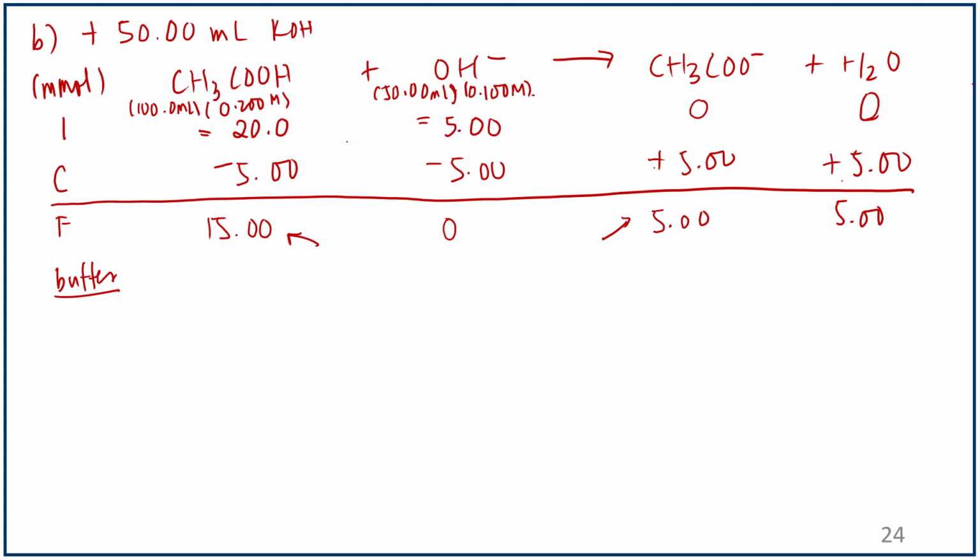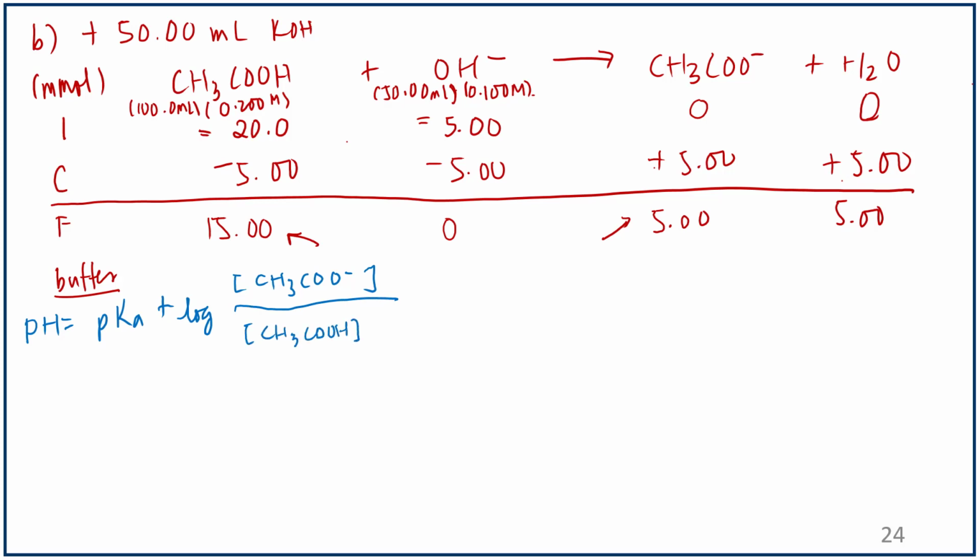Remember that the form of the Henderson-Hasselbalch equation we're using is pH is equal to pKa plus log of, this time, base over acid, so this is the concentration of acetate ions divided by the concentration of acetic acid.